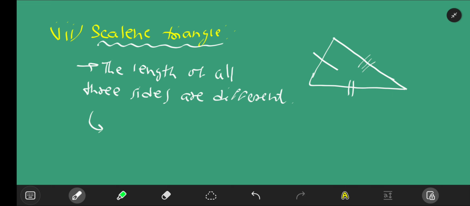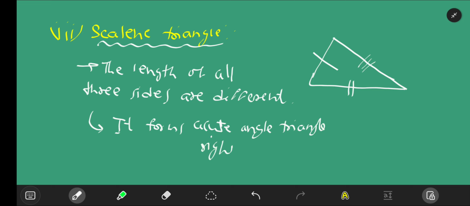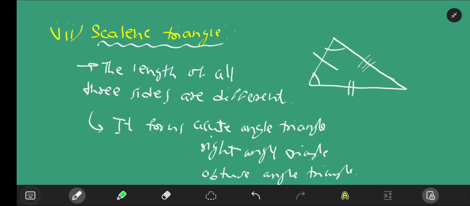So here also it forms acute angle triangle, right angle triangle, and obtuse angle triangle. These three types of triangles also will be formed. If this is a closed figure, here it is less than 90 degrees, less than 90 degrees, less than 90. So this is acute angle scalene triangle.